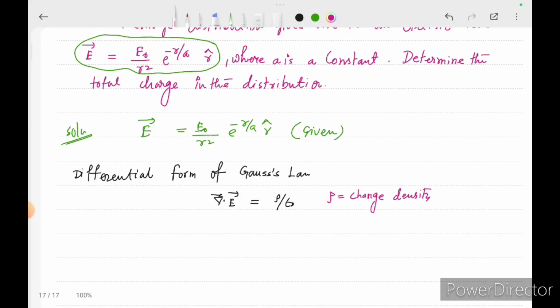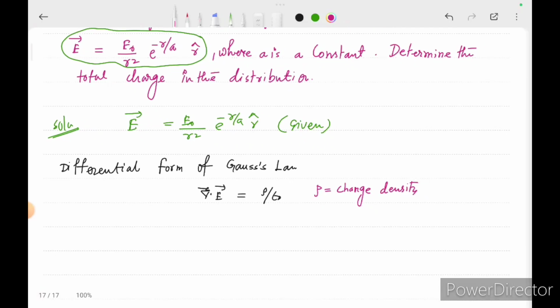The theta and phi components are not mentioned here, so this is a very easy question. Just put in the radial component of the electric field.